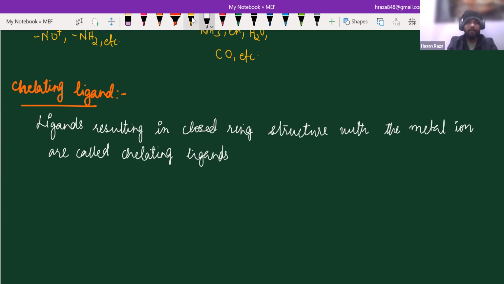As you can see, I'm going to take an example of en, that is ethane 1,2 diamine.